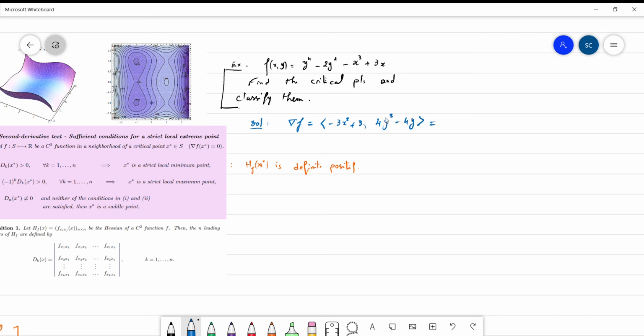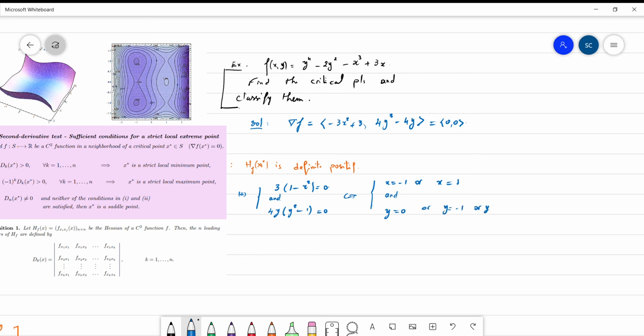So I need to solve the system equal to 0, 0, which is equivalent to solving the first equation, 3 times (1 minus x^2) equals 0, and, pay attention, you have a system, and 4 times y times (y^2 minus 1) equals 0. The first equation gives x equals minus 1 or x equals 1, and the second equation is satisfied for y equals 0, y equals minus 1, or y equals 1.